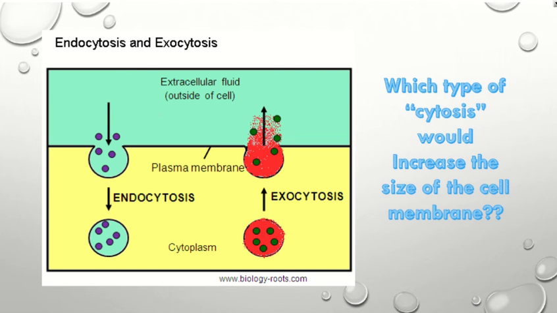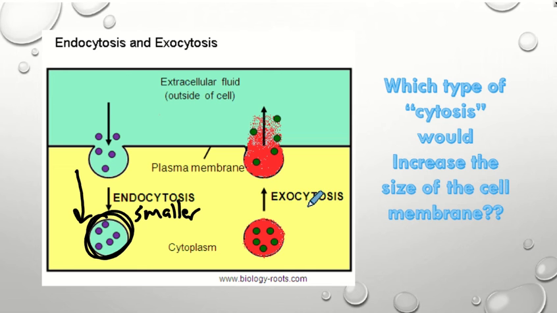So the question to be had is, which type of cytosis would increase the size of the cell membrane? Well, think about this. If you are entering the cell, part of that membrane is pinching off. So the cell membrane is getting smaller since it is pinching off.